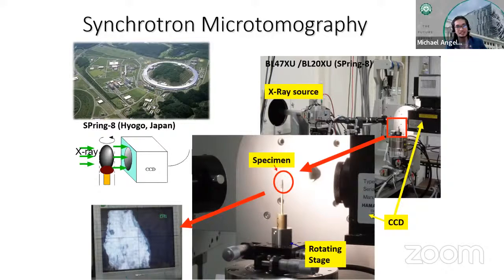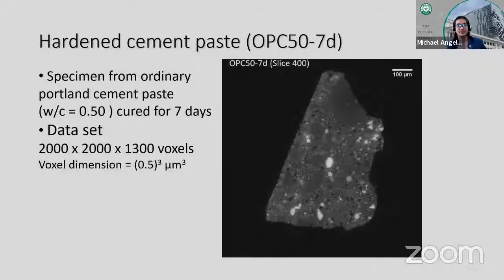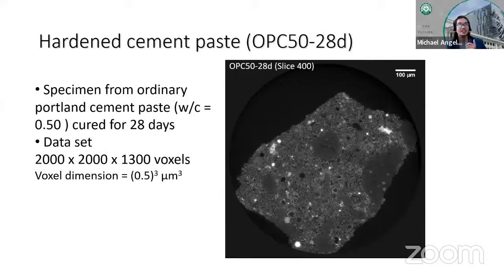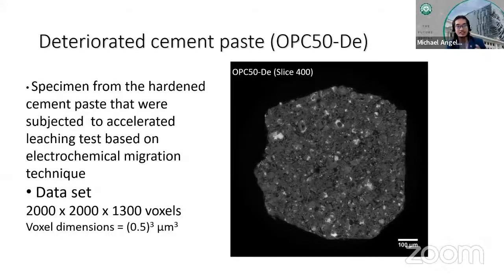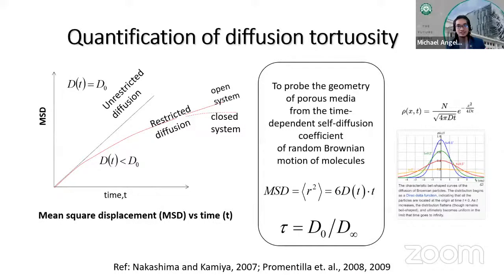In that case, we are able to find ways to image the cement paste at sub-micron resolution, like this one. This is through the cooperation with Obayashi Corporation, like Dr. Hitomi. And this is for a 7-day cured cement paste, for the 28-day cured cement paste, for the deteriorated cement paste, and so on. So these are the things that we are doing.